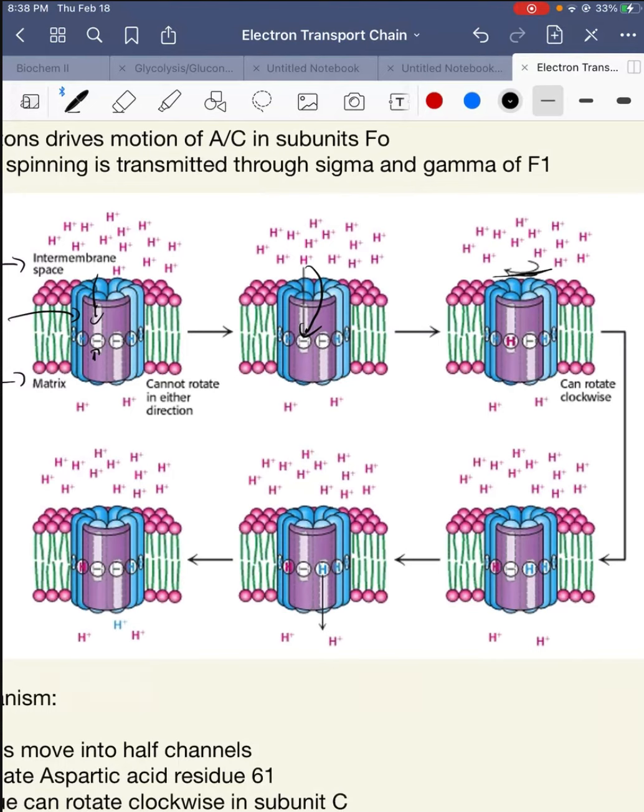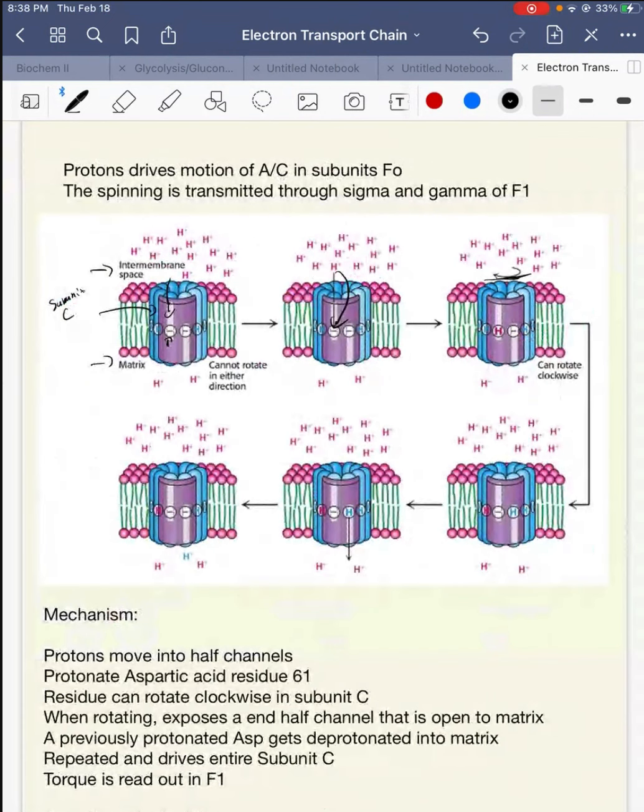The half channels in C rotate clockwise, and then we expose a previously protonated aspartic acid residue in a half channel that's now facing the matrix. When we rotate, this half channel opens to the matrix, and the aspartic acid residue in there gets deprotonated, and it sends the proton into the matrix.